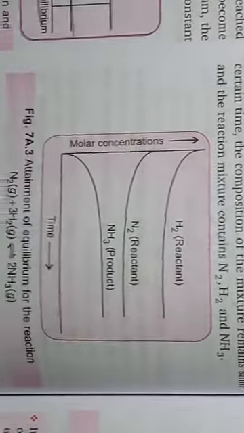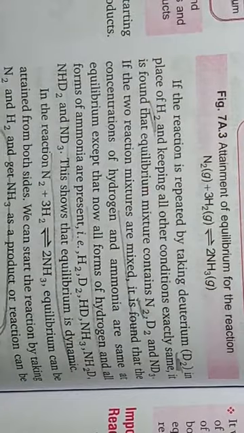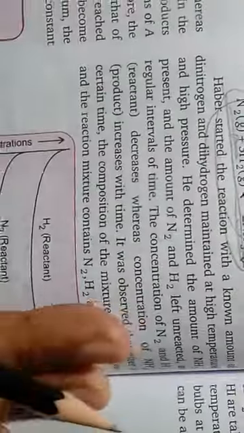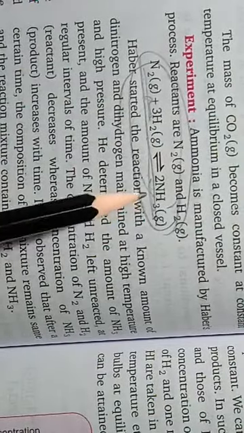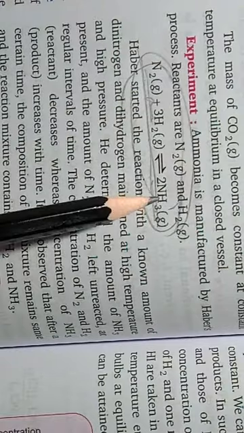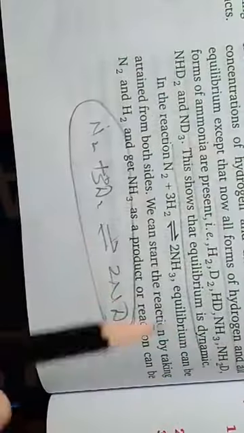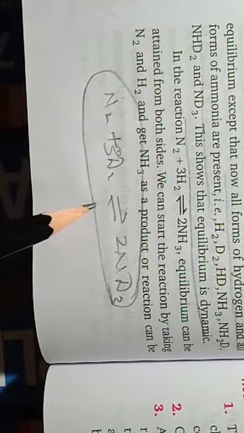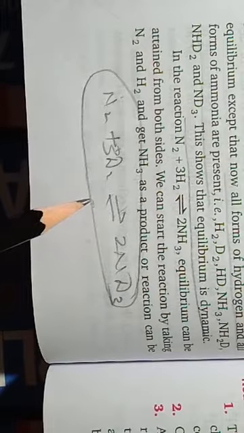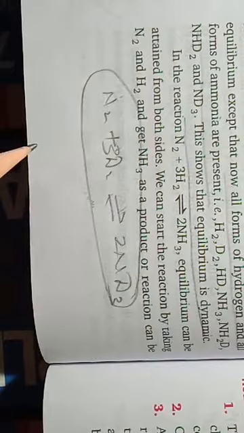The amounts of nitrogen, hydrogen and ammonia which were present initially in the single equilibrium state will be present in the same condition in the mixed condition also. This proves that the state of equilibrium is dynamic in nature.